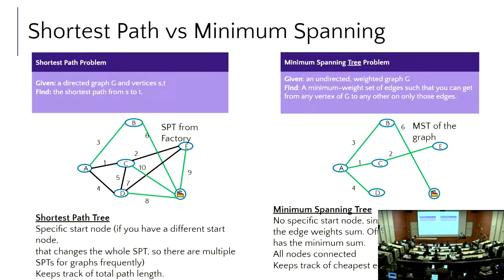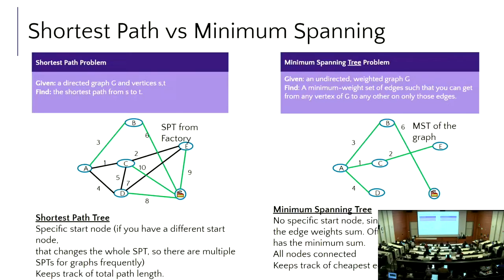And so you can see, in this context, maybe the shortest path from the factory to D is 8. So I included that edge. That's really important. But in my MST, it's not about source to individual vertices. It's about all of the vertices being connected together.